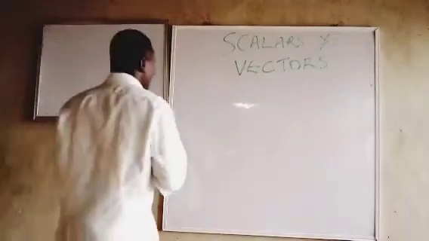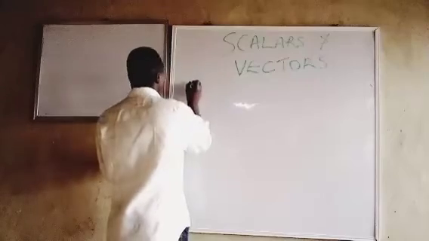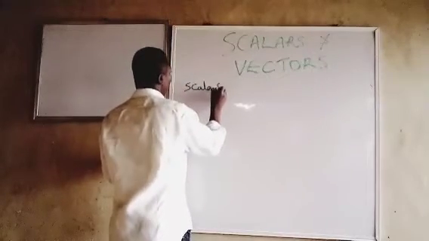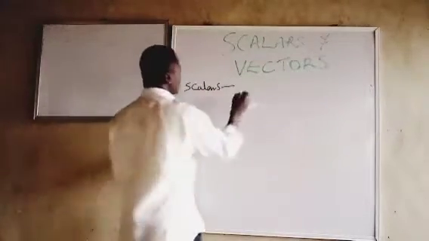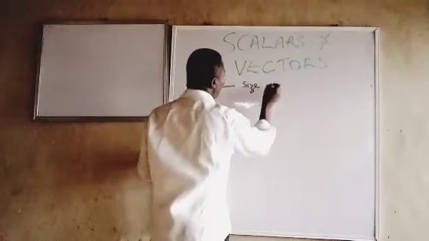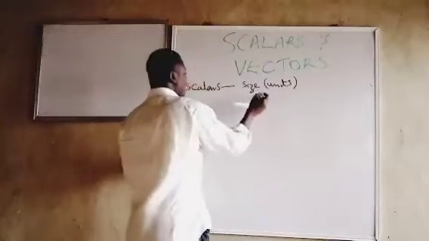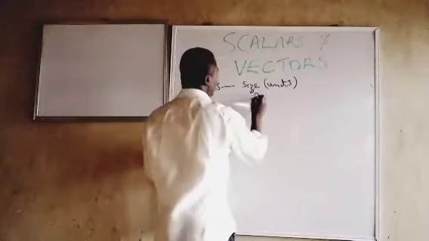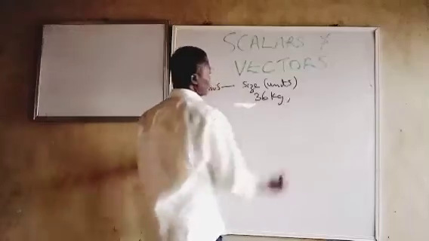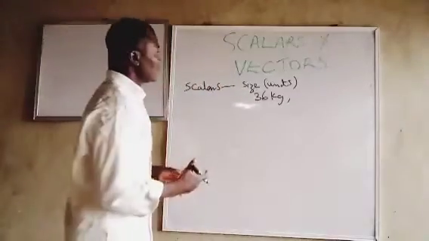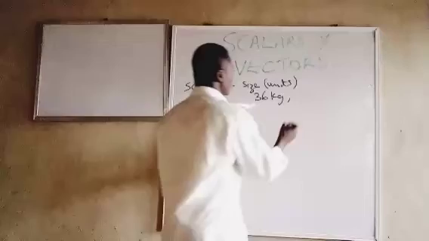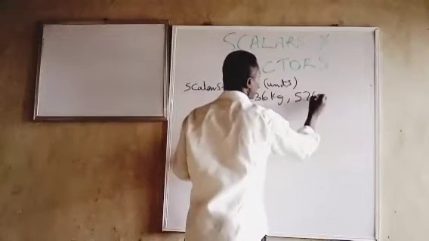Now, how do we represent scalars and vectors? When we want to represent scalars, we just write the number and the units along with it. For example, for mass, I can say 36 kg. For energy, I can just say 576 joules.